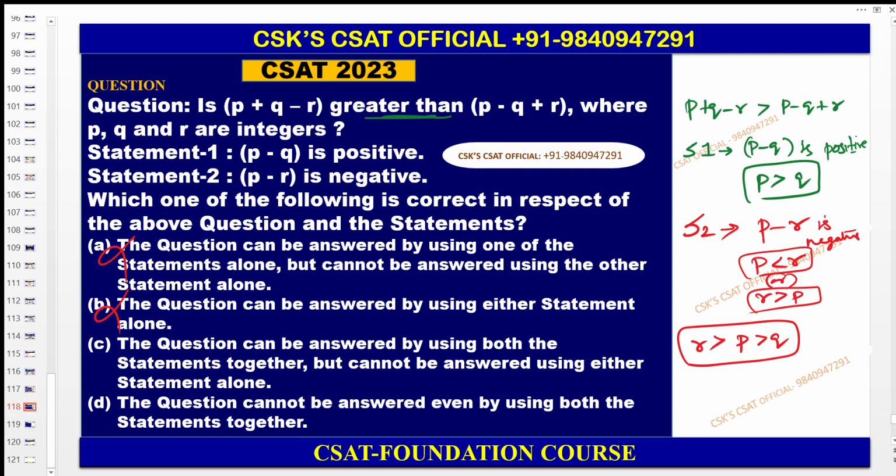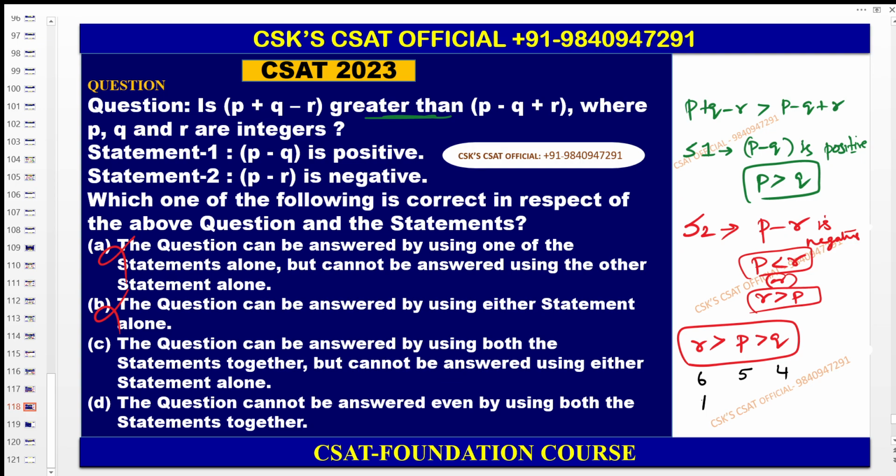So now let us take this one. We can take any values in this format, any values with this constraint: 6, 5, 4. Can we take one example, 6, 5, 4?